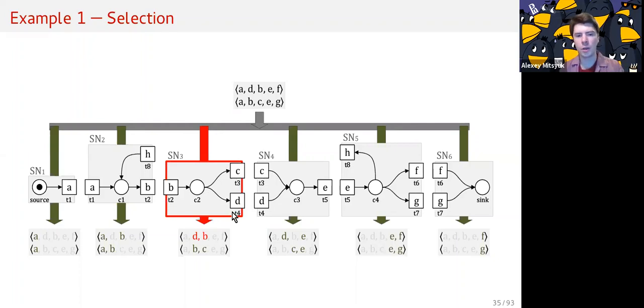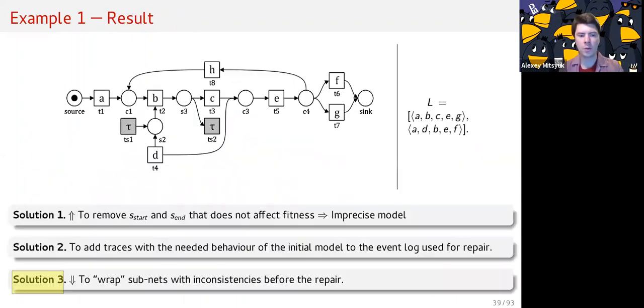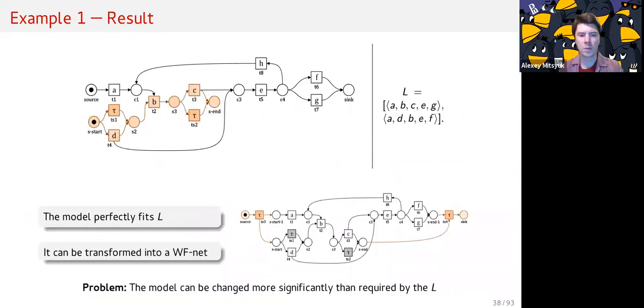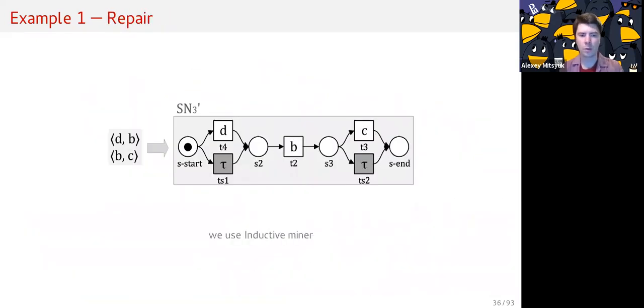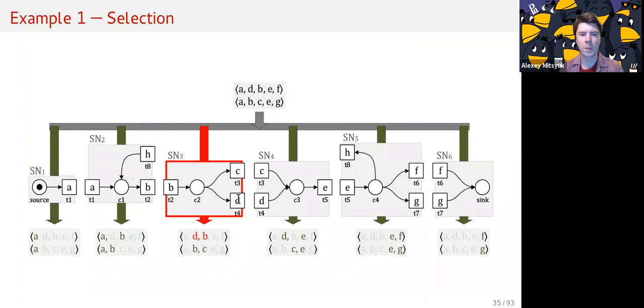So they changed the rules for border transitions of a fragment. And then the third solution is possible: just to wrap subnets with inconsistencies before the repair, to be sure that these border transitions will be untouched during the repair.